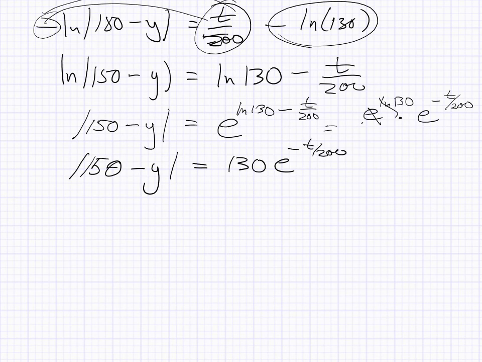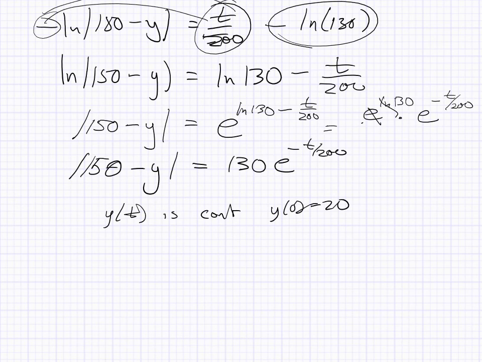Now I want to get rid of this absolute value. That's kind of the tricky part. A couple of things: our function y of t is going to be continuous, because y of t represents the amount of solution in the tank at any point in time. We also know that y of 0 equals 20.